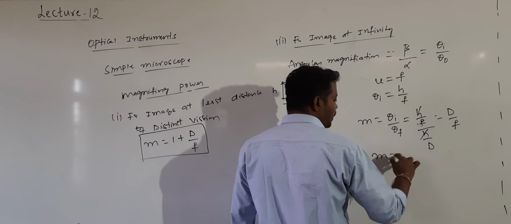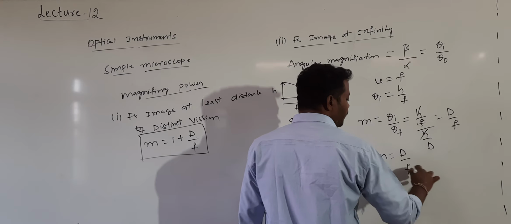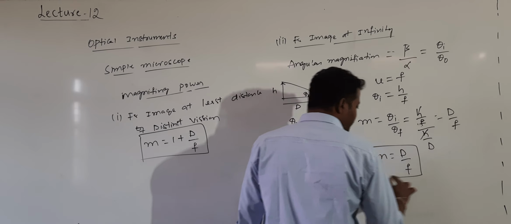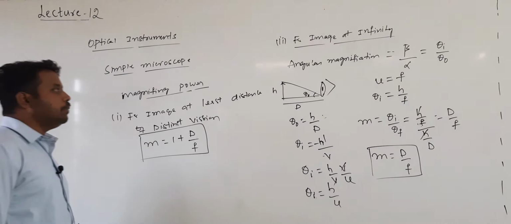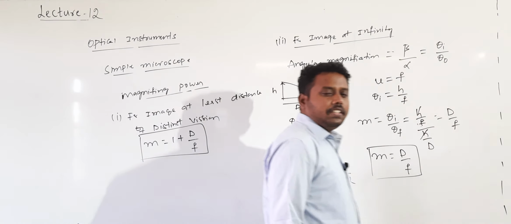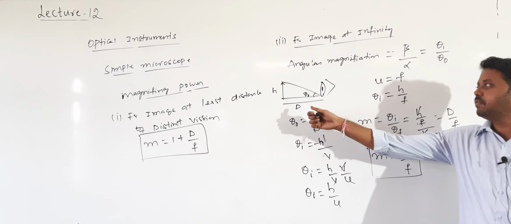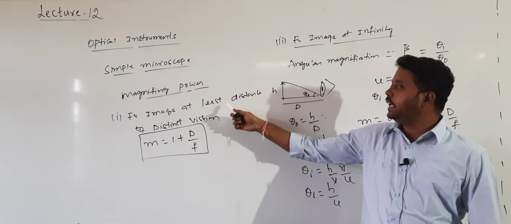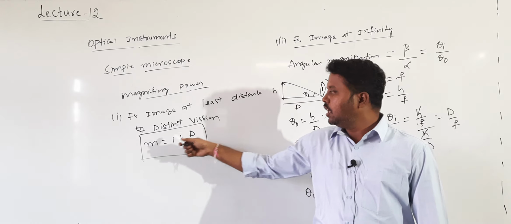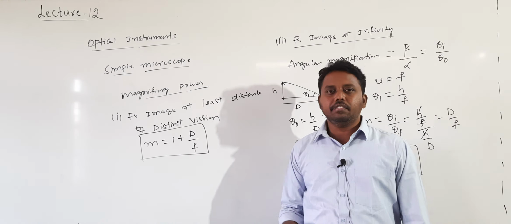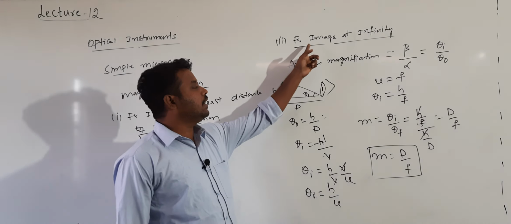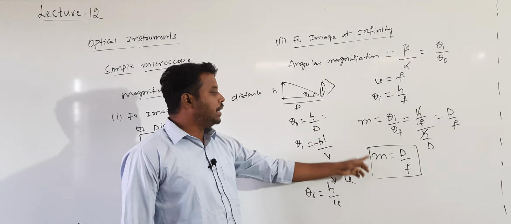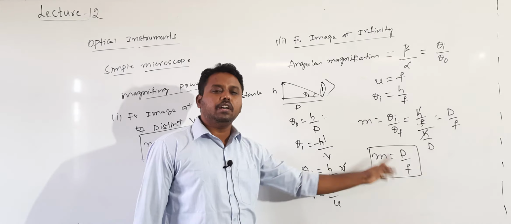So whenever the image is formed at infinity, the magnification is m equal to D divided by f. The magnification is maximum for the image formed at the least distance of distinct vision, which is 1 plus D by f, whereas for the image at infinity, the magnification m is equal to D by f.